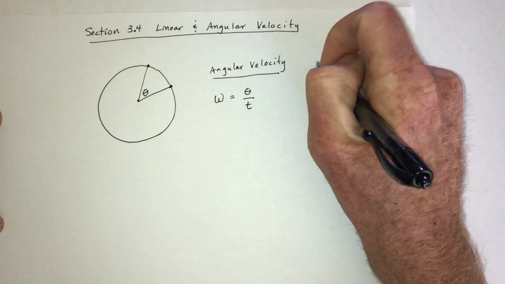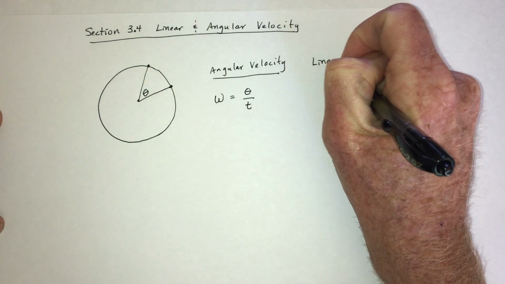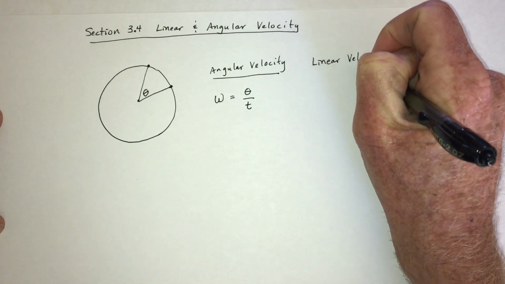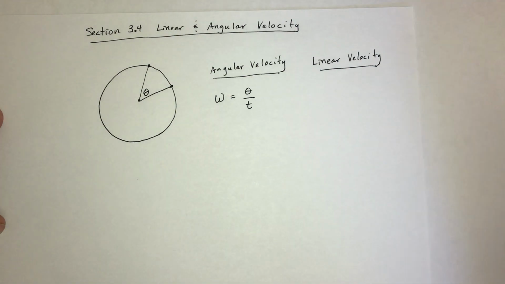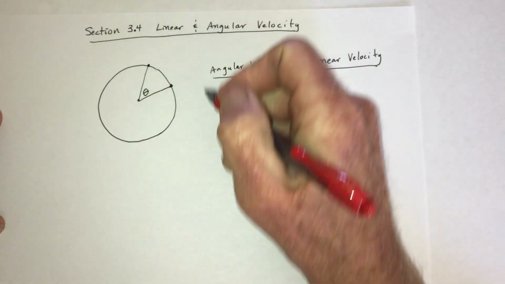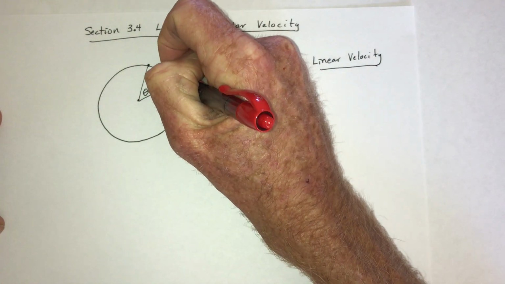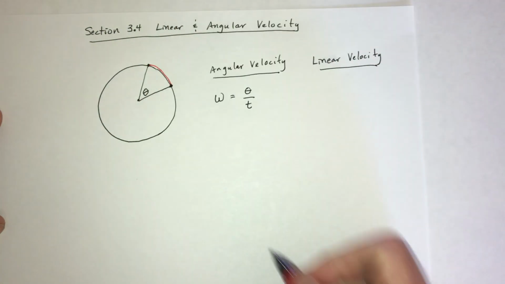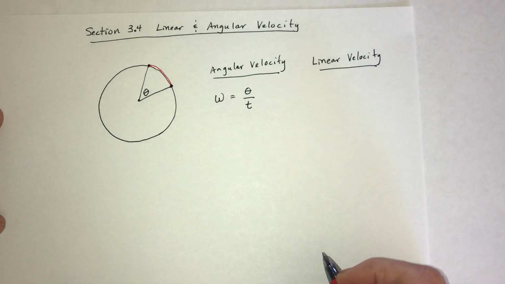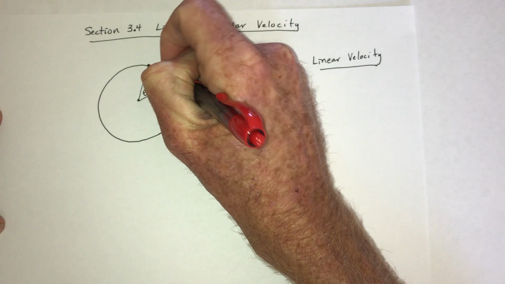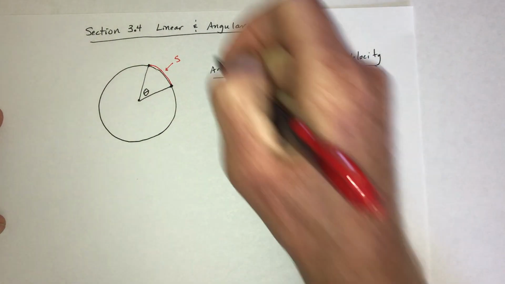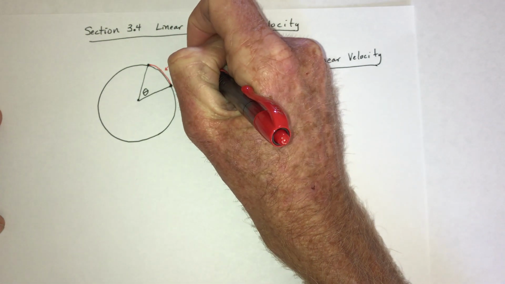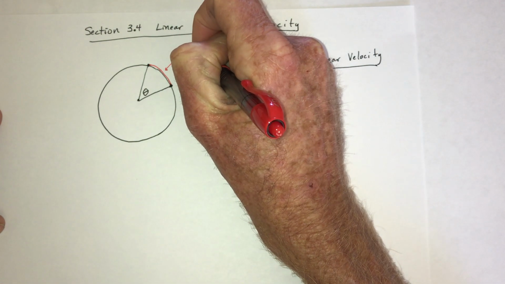Now for linear velocity, the person goes from this point to this point over some interval of time. Well, this red arc right here, we use S for arc length, you may remember. And if you're dealing with radians, it's just r times theta.